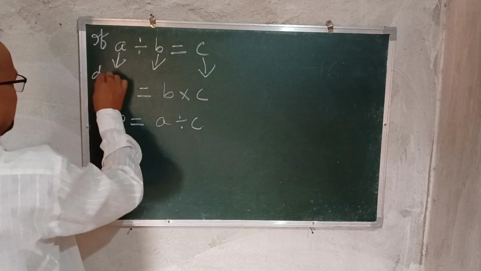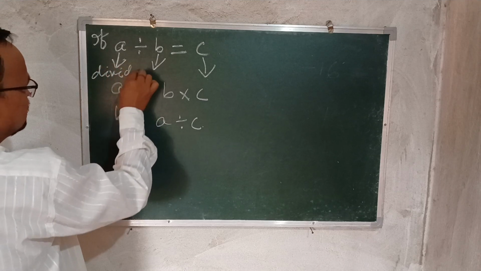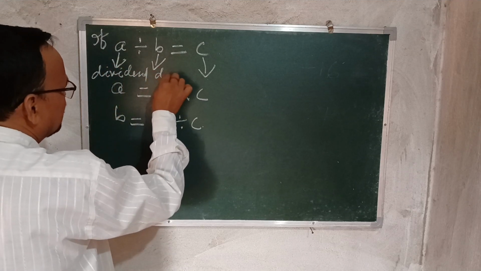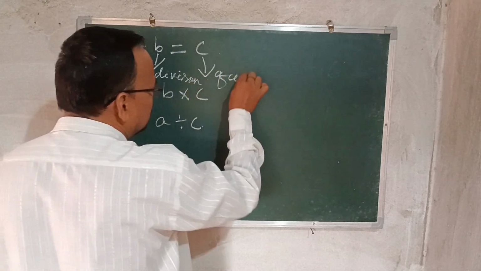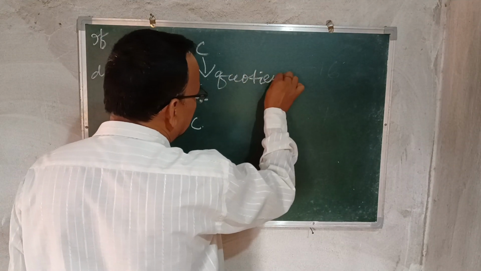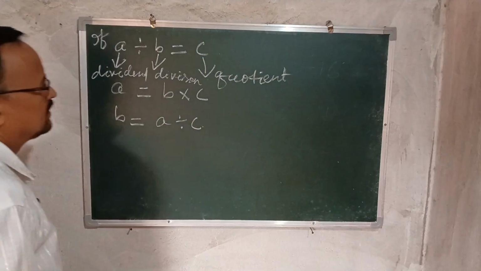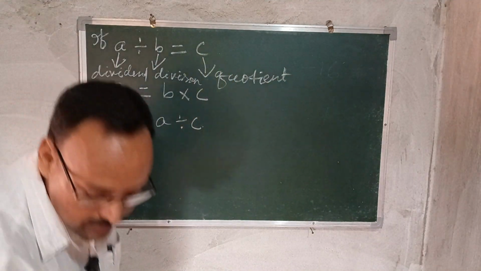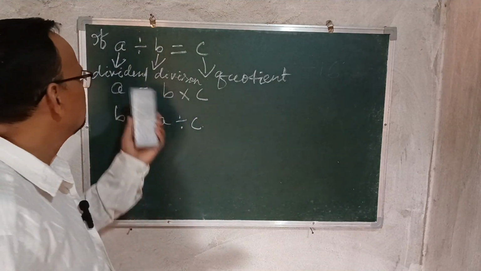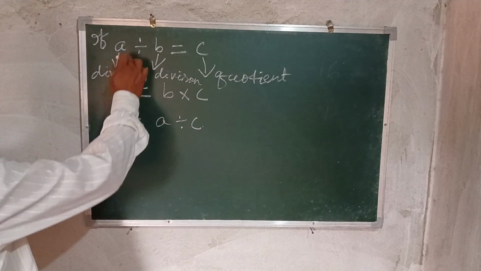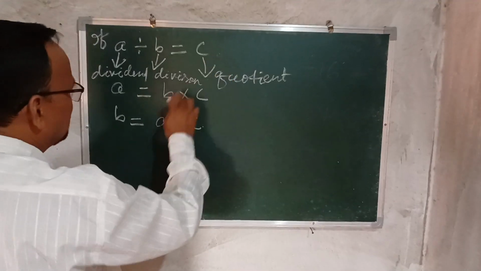This is the dividend, this is the divisor, and this is the quotient. In previous classes, we know about the division system. Dividend is equal to divisor into quotient.